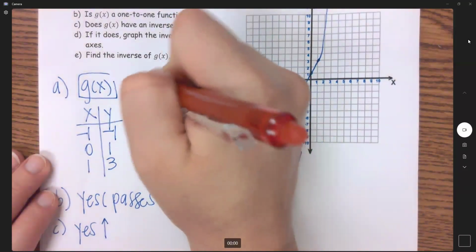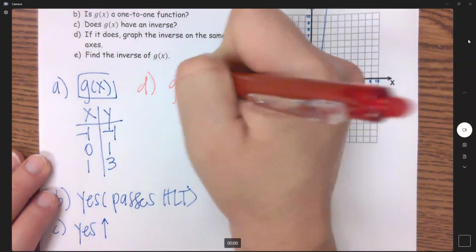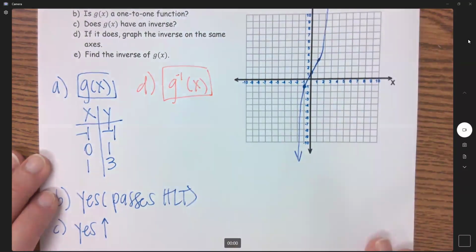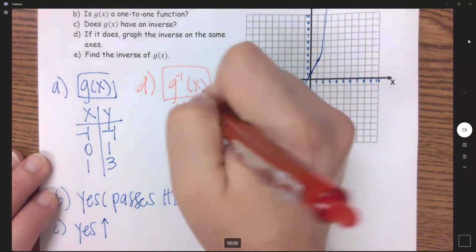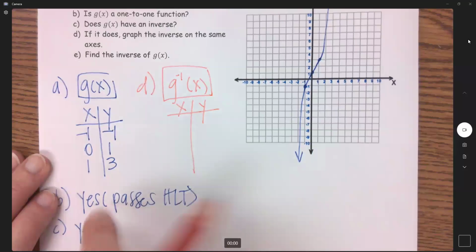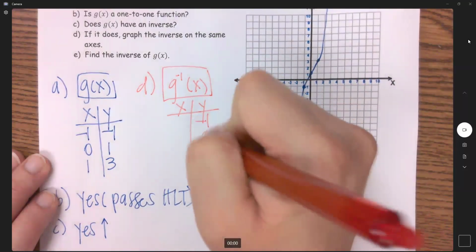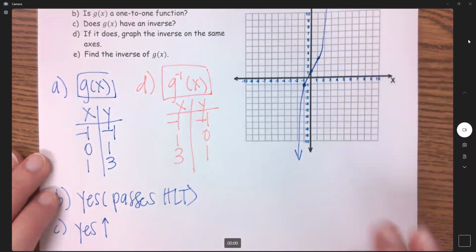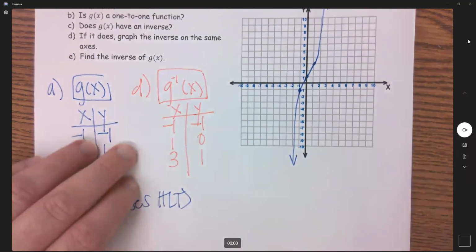So right here beside, I am going to write my ordered pairs for my g of x. And all I'm going to do is take my x column, and that becomes my new y column. And then my y column will become my x column. And now let's plot these ordered pairs.